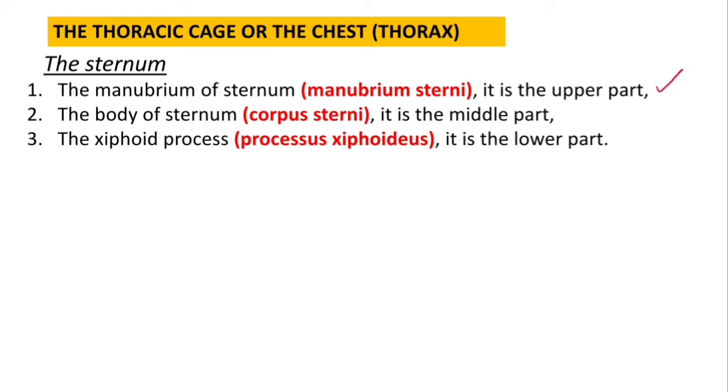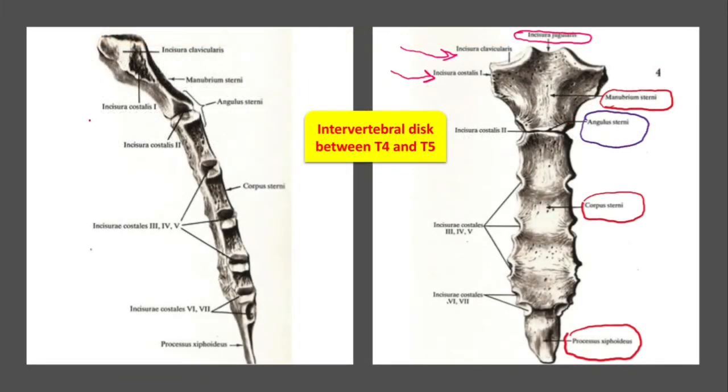Let's look at the sternum. You can see the manubrium sterni, here is the body, corpus sterni, and down you can see the xiphoid process, processus xiphoideus.